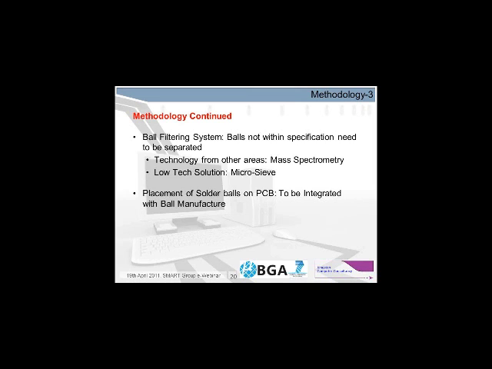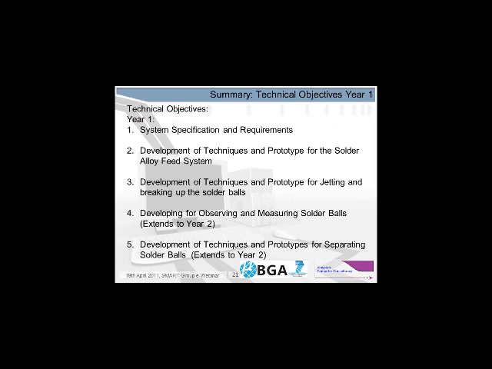These, as you can imagine, are quite a challenging series of specifications that we've broken down into technical objectives over the 3 years of the project into some milestones. The first year, we've already completed the system specifications and requirements.